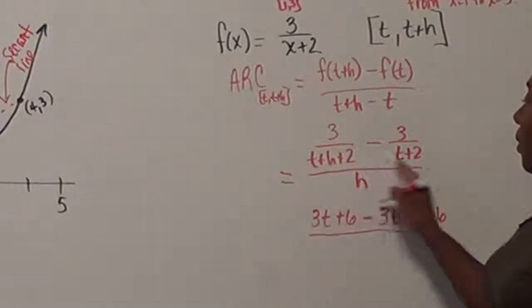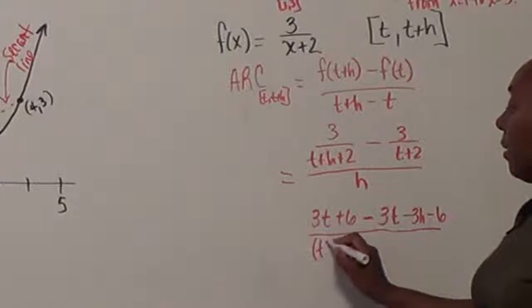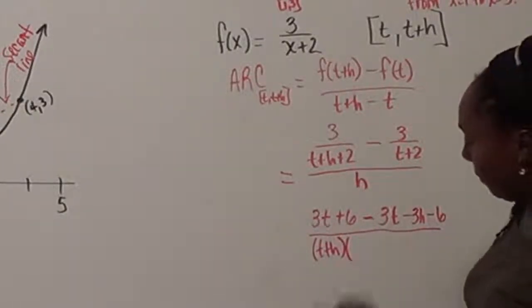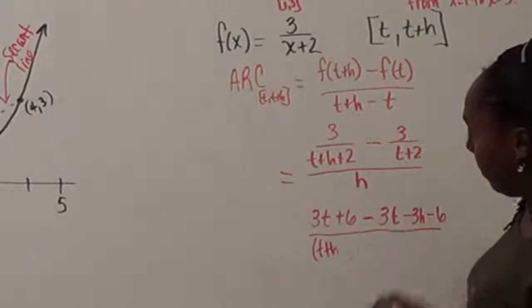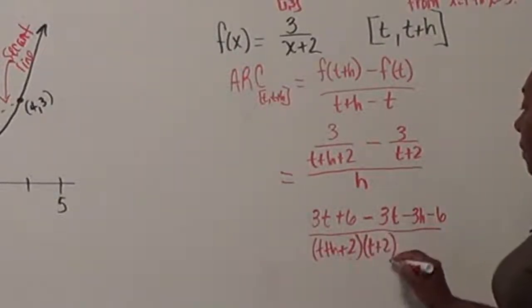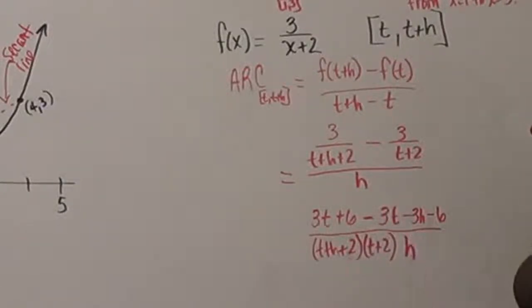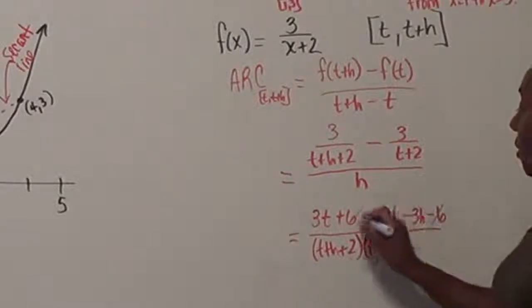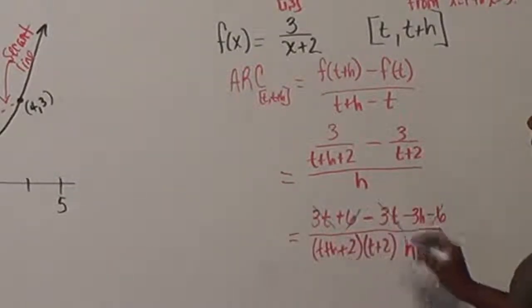All over the new denominator and our h. Here we can notice some things will cancel out. So our 6's go away and our 3t's go away.